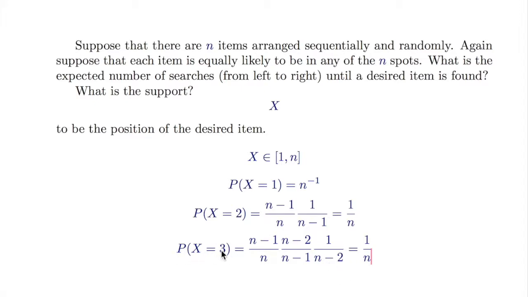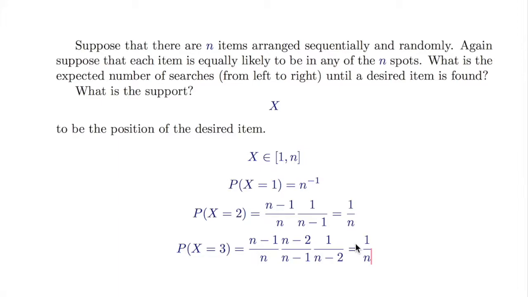Because we have this 3 and this 2 here, that's n minus 3 minus 1, otherwise known as n minus 3 plus 1 when you distribute the minus sign. So these are always going to be 1 over n, right? So that's another way you can immediately arrive at the uniform distribution, because the probability of any value that x takes is equivalent.